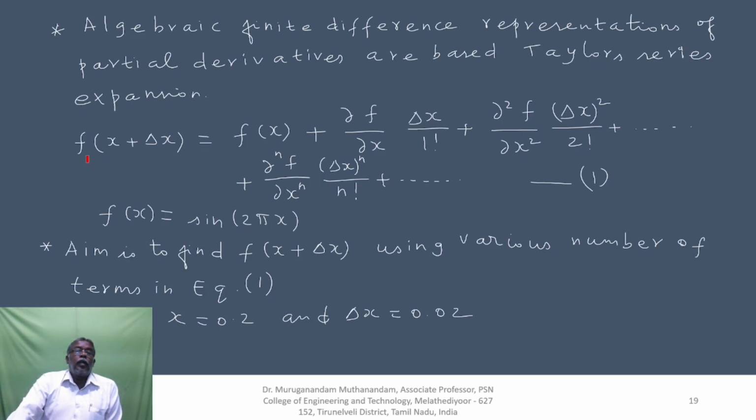For a function f with respect to x, the value of the function at the point x plus delta x can be obtained using the value of the function at point x and the derivatives of this function.